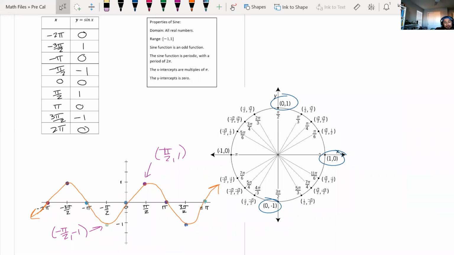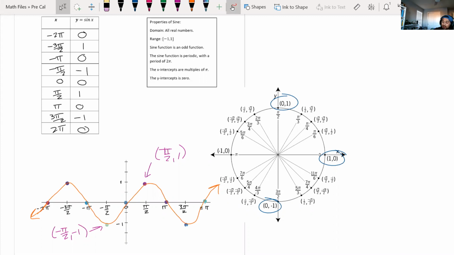Nobody listens to me. If you're odd, you reflect across the what? X-axis? That was Y. Keep guessing. Origin? Origin. That's why I drew those coordinates there, because they reflect across the origin. That's what it means to be odd.